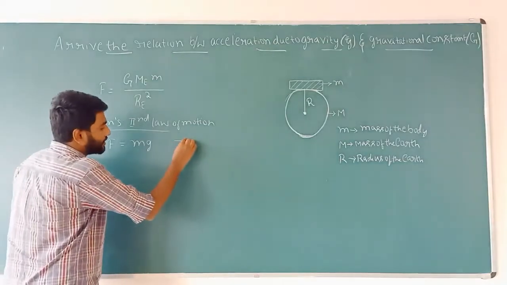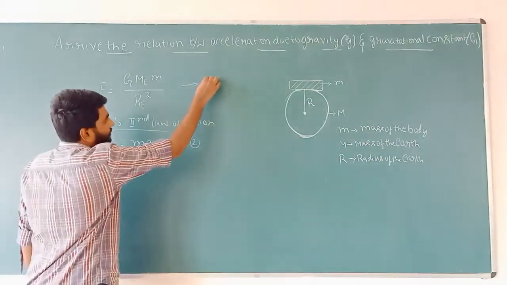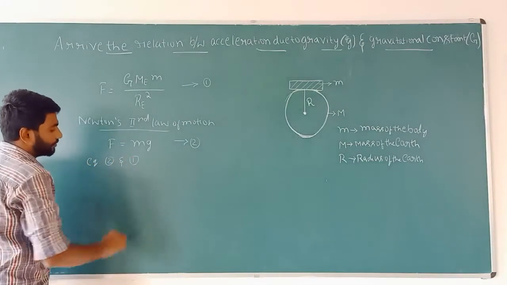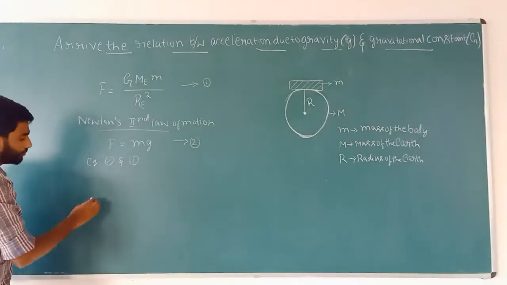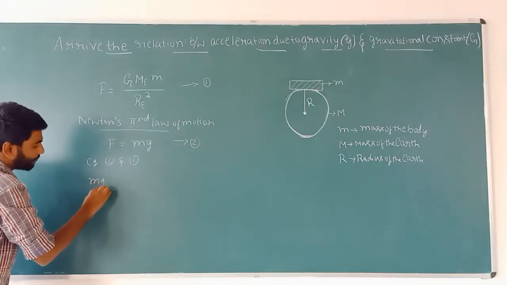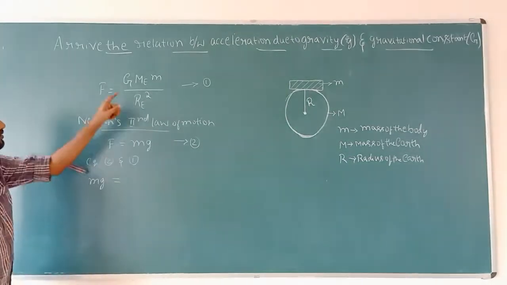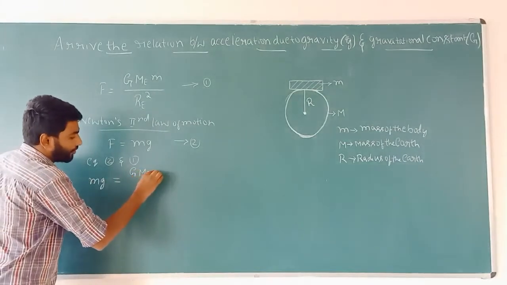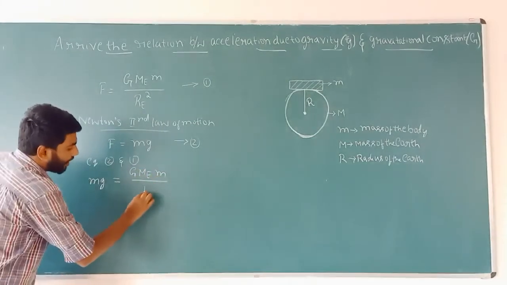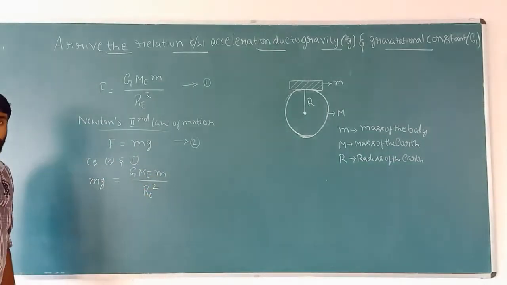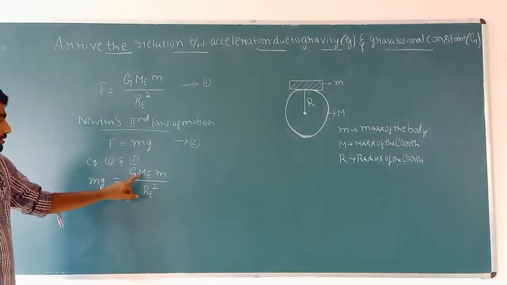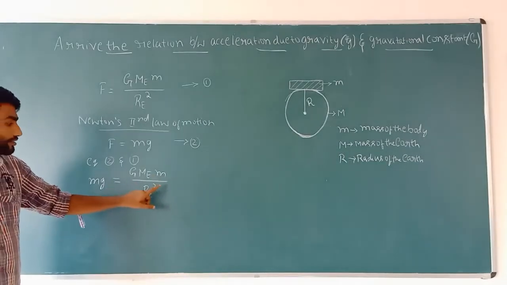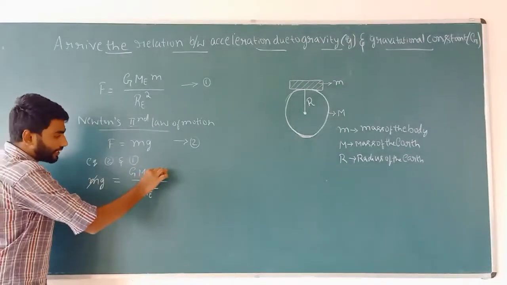So considering this as equation 2 and the earlier one as equation 1, from equations 2 and 1, mg equals G m e m by r e square, where m and m get cancelled.